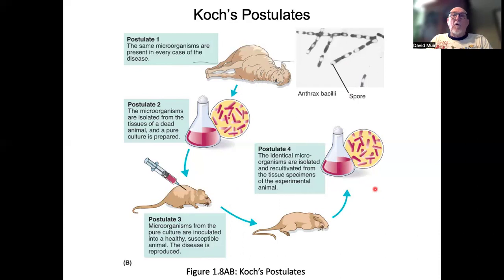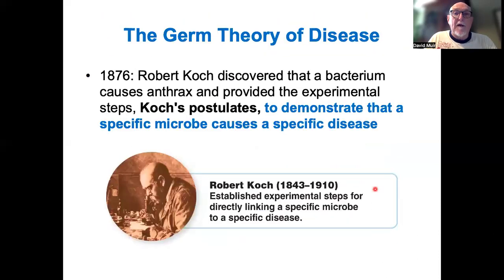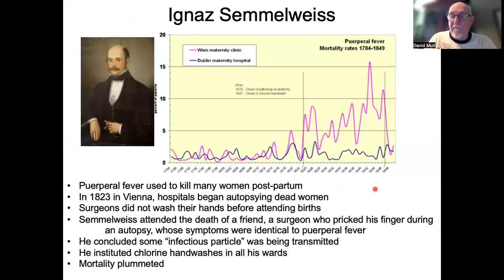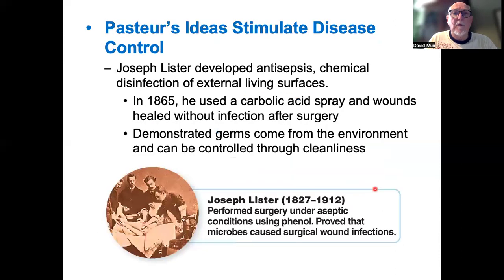So with all of this work going on, I got this a little bit out of order, so I'm just flipping through quickly. Okay, with all of this work being done on the role of bacteria as infectious agents, people all over the world began to be interested because infection was the major cause of death in hospitals, and in particular where surgery was involved.